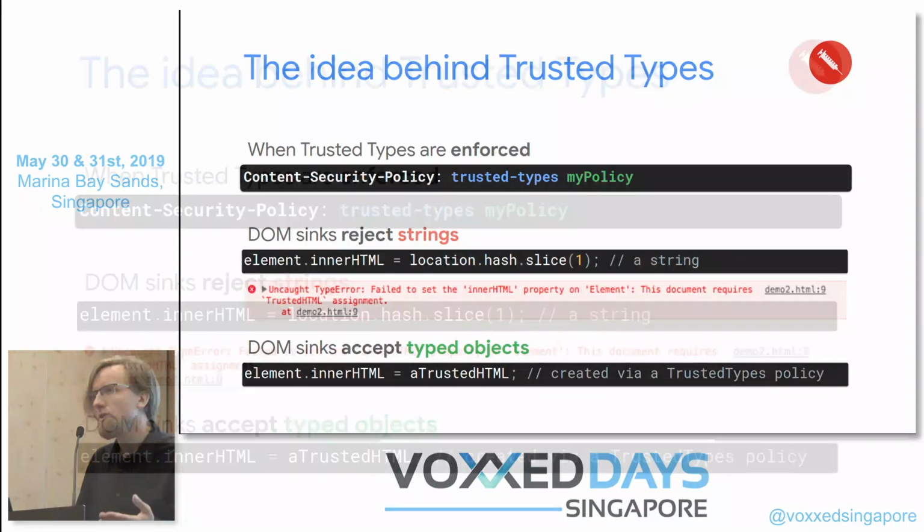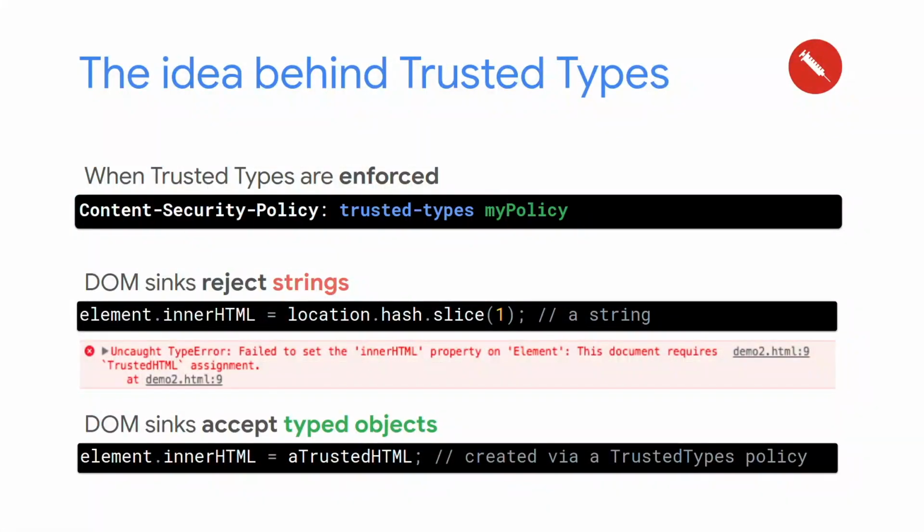So first you would add a header that will make the browser enforce trusted types restrictions. It's currently the content security policy header, but this is, let's say, an implementation detail. You just tell the browser, hey, please enforce trusted types for my application.